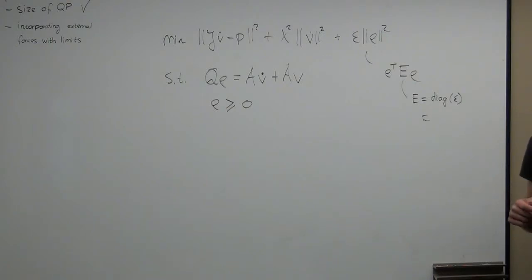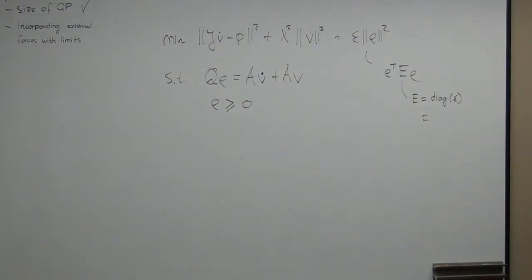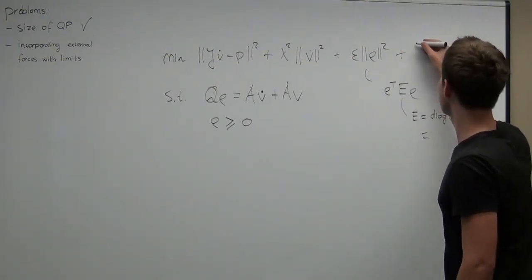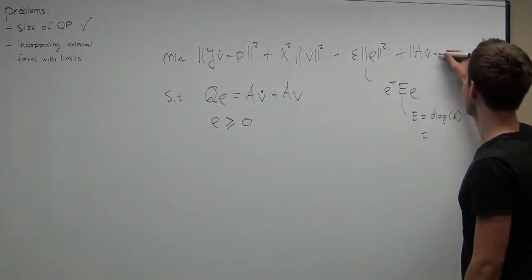So before it was the contrary: the constraint was on the joint acceleration, and the rate of change of momentum was the objective. Yes. So this is again just another variant. You could actually add in a momentum rate of change objective as well, so plus the norm of A v dot minus b squared.